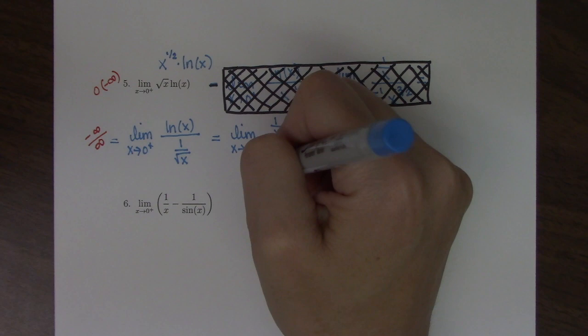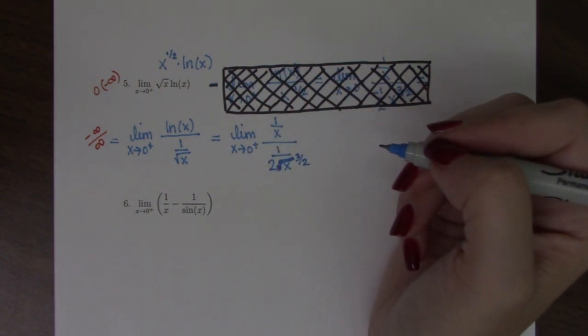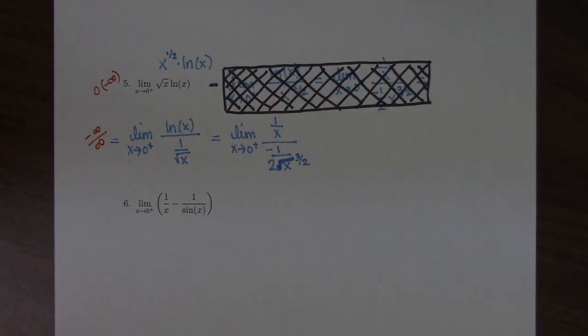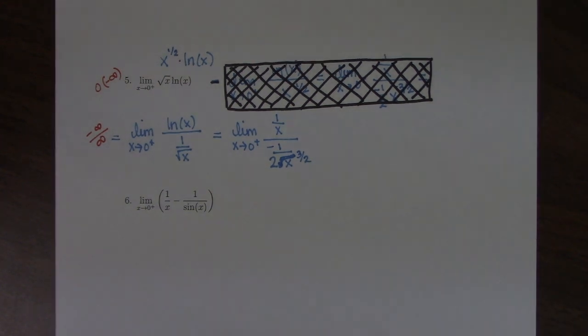Oops. It's actually going to be negative 1 over 2 x to the 3/2. So if that were x to the negative 1/2, I would get negative 1/2 x to the negative 3/2, and then when you write it in the denominator, it makes it positive 3/2.